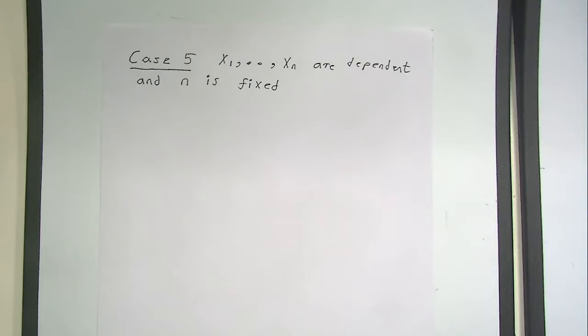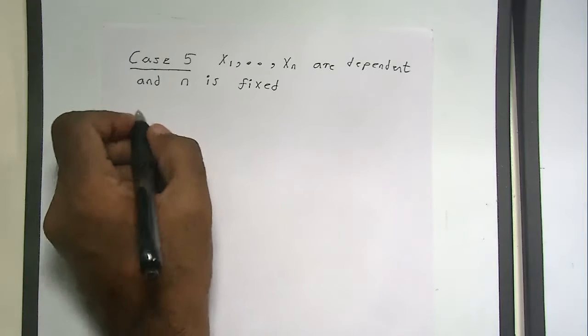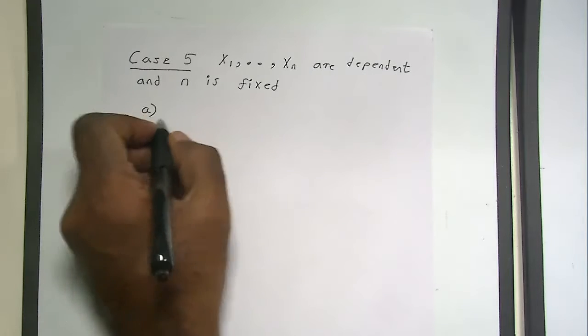Remember, we have 2 cases left. We've done case 1 to case 4. So we have case 5 and case 6 remaining, right? So let's start with case 5, where the losses are dependent random variables and the number of investments is fixed, right? So in this case, start with A.